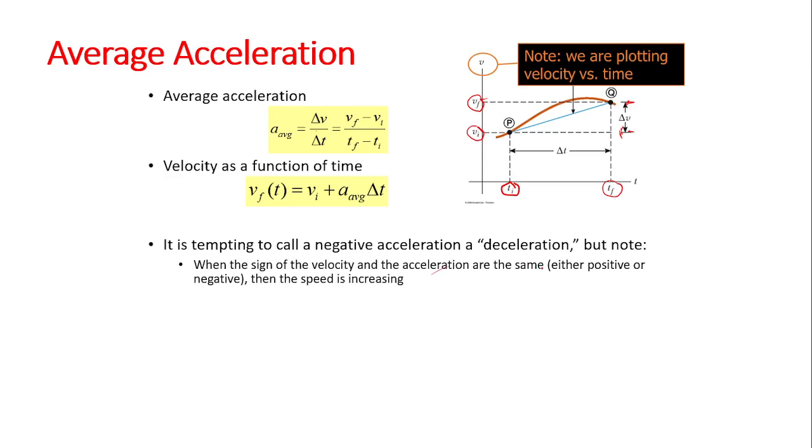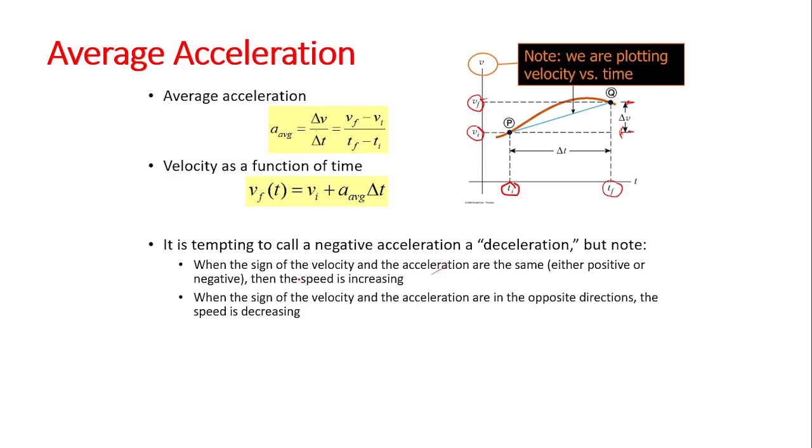Quite all right, we can say that, but we need to understand that whether the sign is positive or negative, the speed is still increasing. So take note of such a statement. When the sign of velocity and the acceleration are in the opposite direction, the speed is decreasing. I would love you guys to take note of these two statements for the sake of multiple choice.